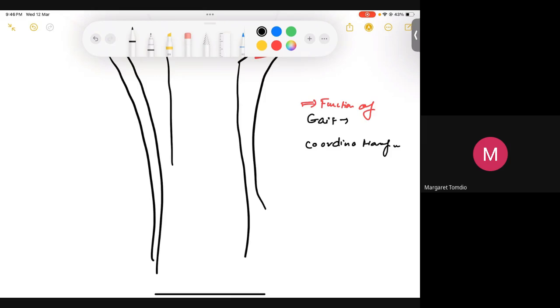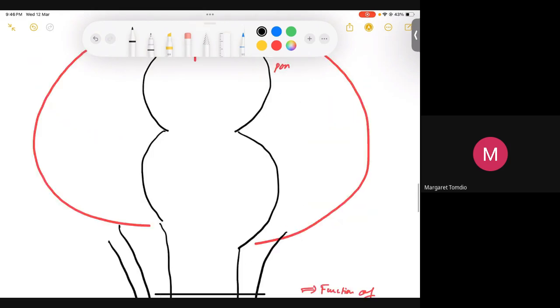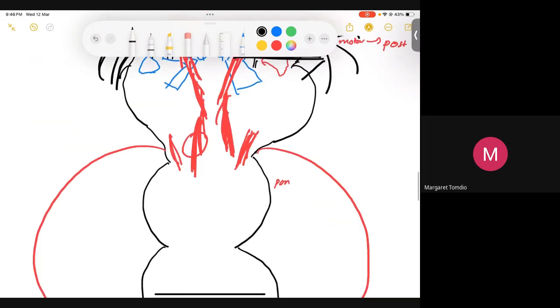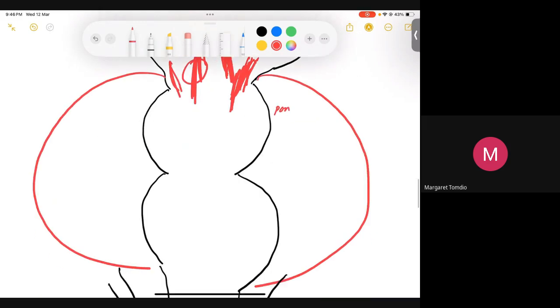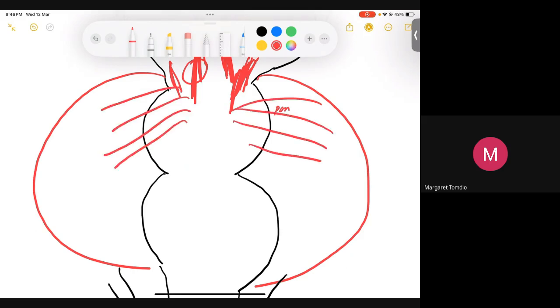It knows all of the information of your muscles. So, for example, if I want to generate a motor response going down into the spinal cord, it should communicate with your cerebellum, in order to first look at the current status of your muscles. Can I say that?